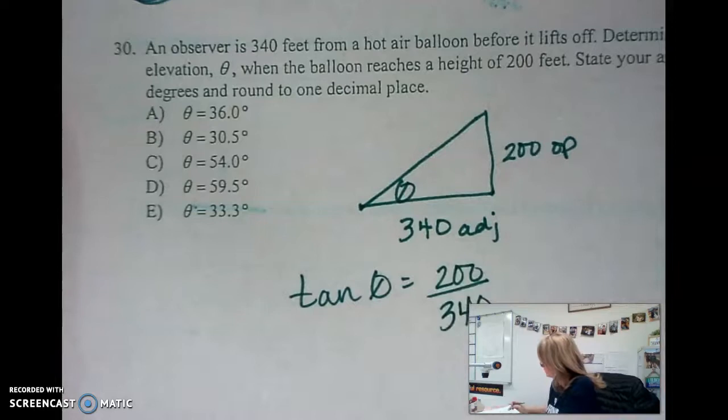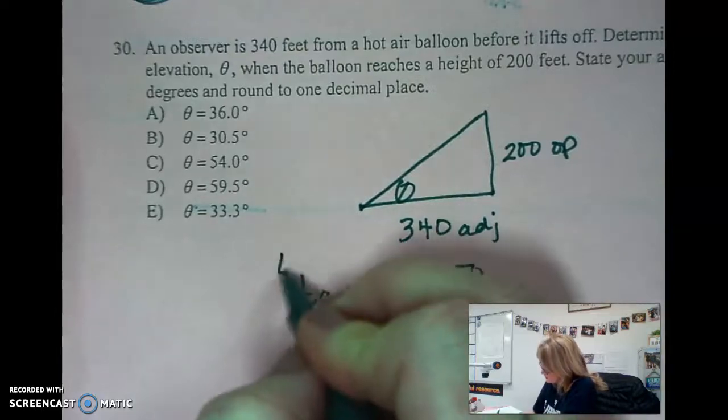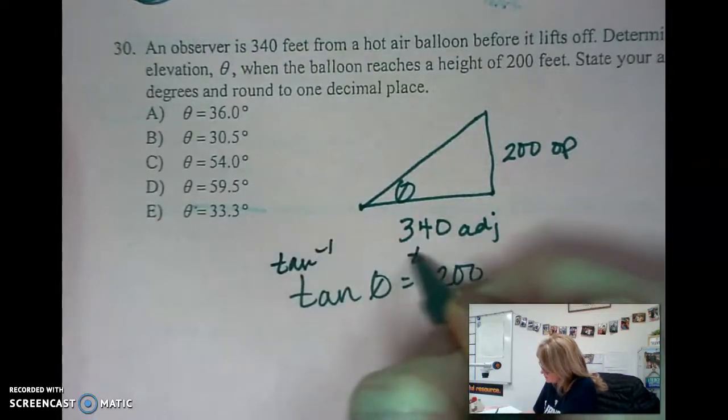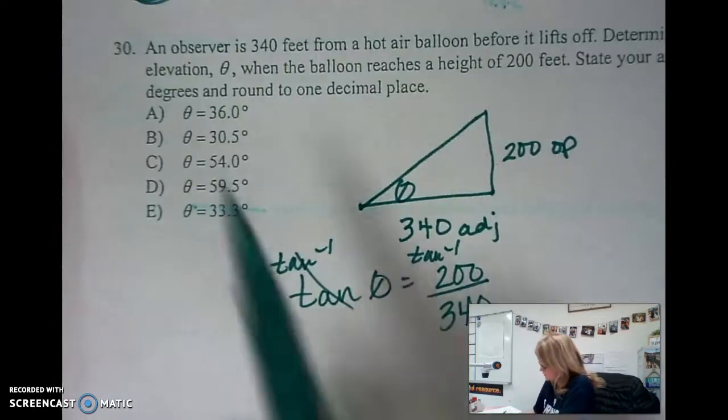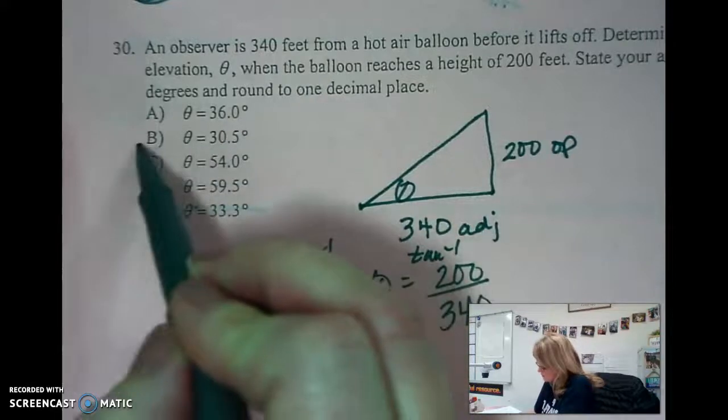And remember, when we're trying to find the angle, we use the inverse tangent. Or if we're trying to get rid of tangent, we would use the inverse tangent on both sides. And so when I take the inverse tangent of 200 divided by 340, I get 30.5 degrees.